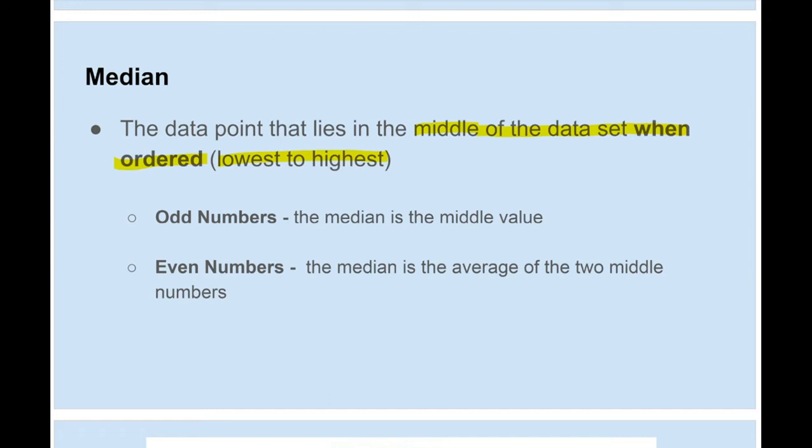When we have an odd number of data points, the median is the middle value. If we have an even number of data points, the median is the average of the two middle numbers. And again, we will look at an example with this. But the median is the middle value, and how you calculate it depends on how many numbers are in your data set.